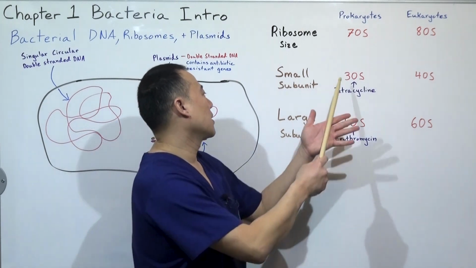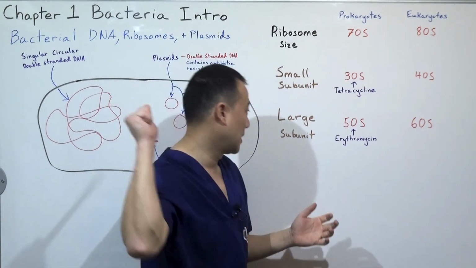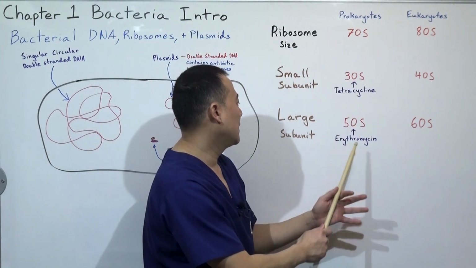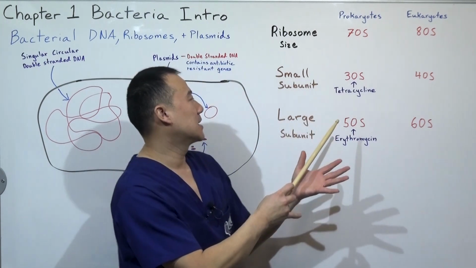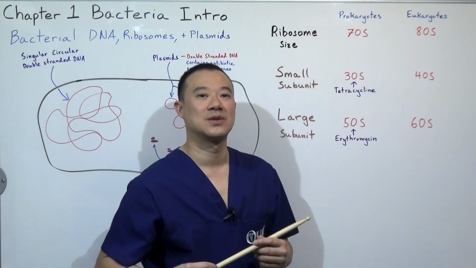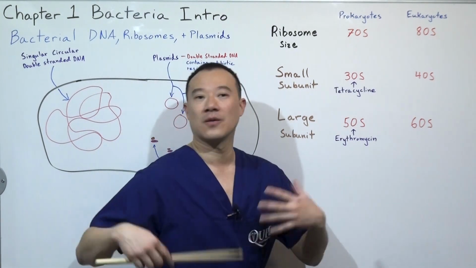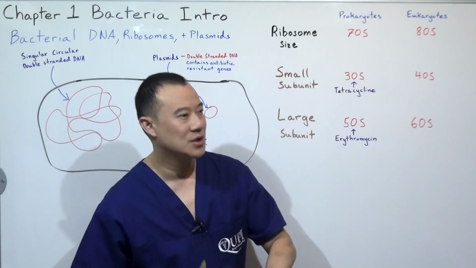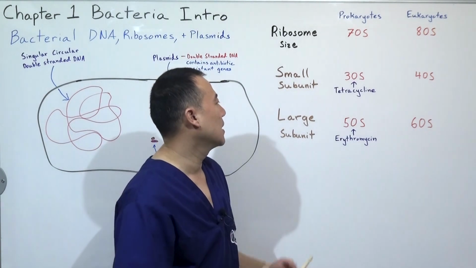Now, why do we care about the 30S and the 50S? Because prokaryotes, bacteria, have a 30S subunit and a 50S larger subunit, and these can be attacked by certain different types of drugs, like these two classes we're going to briefly talk about. There are many more drugs, and we'll talk about that in the future, but I just want to mention this since we're in the introduction of this bacteria chapter.